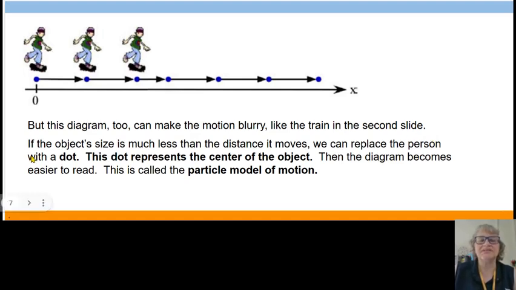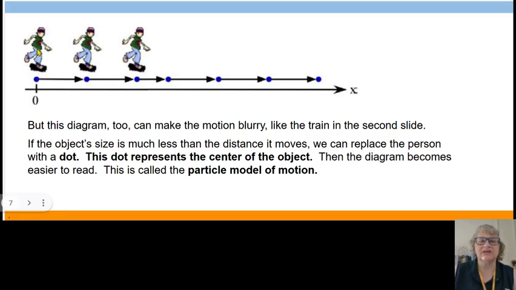If the object size is much less than the distance that it moves, we can replace the person with a dot. Okay, so instead of having the person or the object drawn as what it is, if it's much less than the distance that it's traveling, you can replace it with a dot. So the dot represents the center of the object, right?